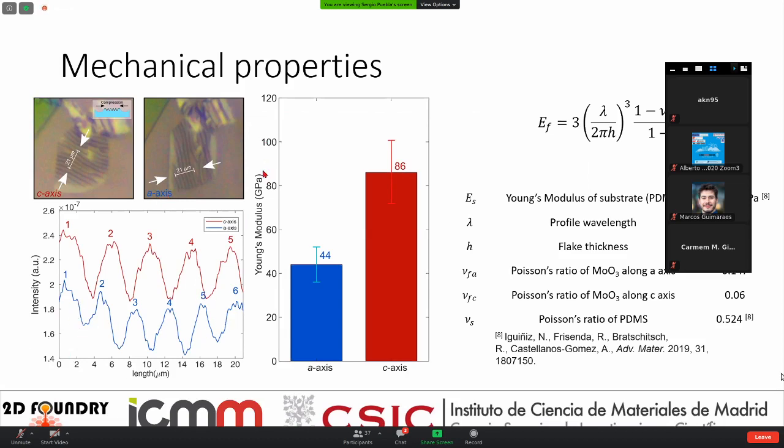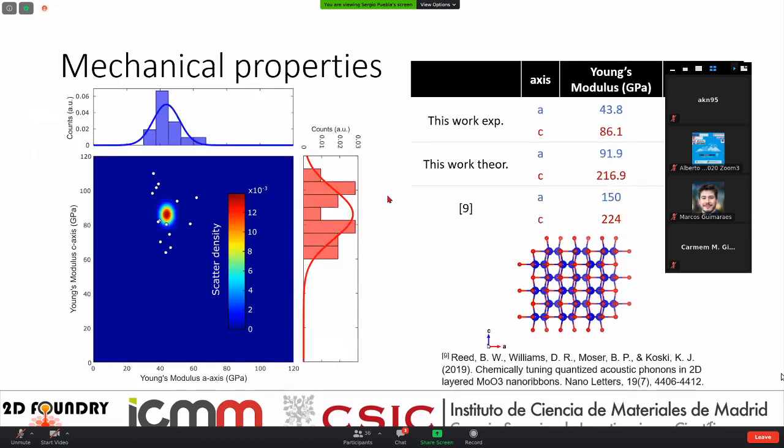And with this method, we can calculate the Young's modulus with this equation and inserting this value that we have found in bibliography, or the Poisson's ratio that has been calculated by our theoretical group. We have found these values of Young's modulus on these two axes.